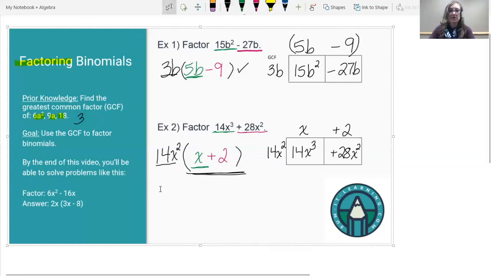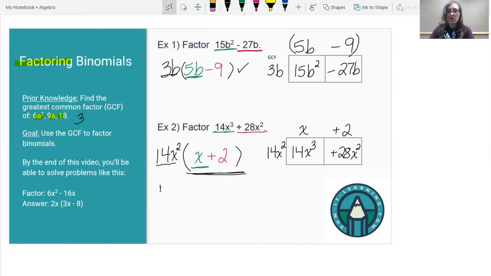And I'm just going to make a note here about how we know we're finished. We're finished when the parentheses part has no common factors.